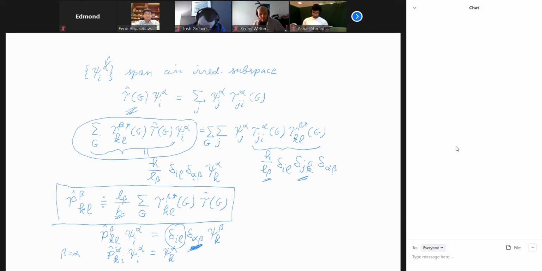If alpha and beta are different, then this will be 0. So this is precisely the form of a projection operator because it picks up the component that belongs to the irreducible representation.